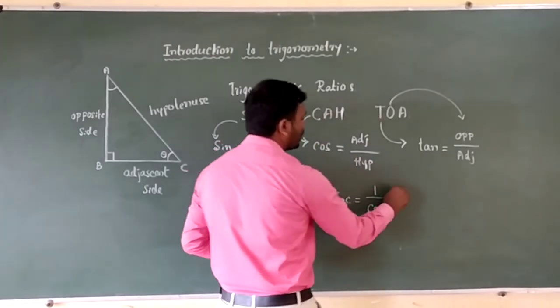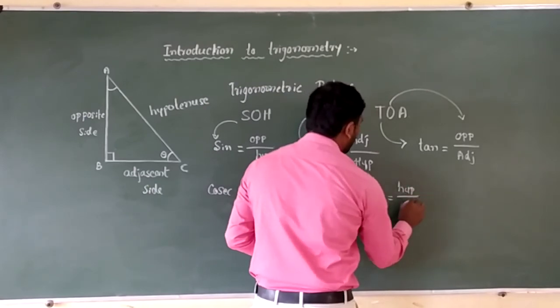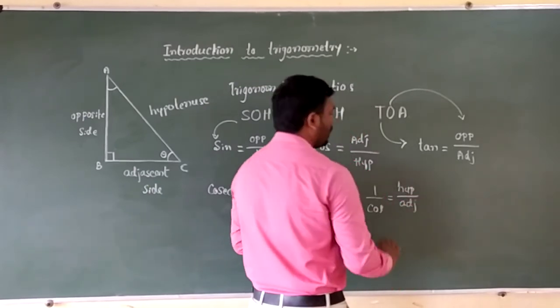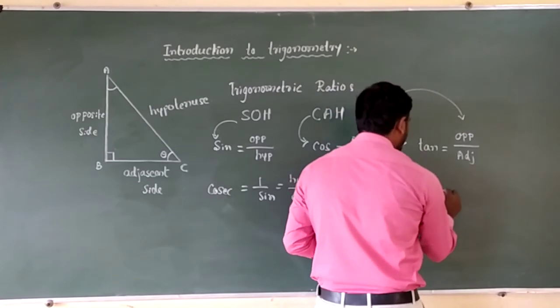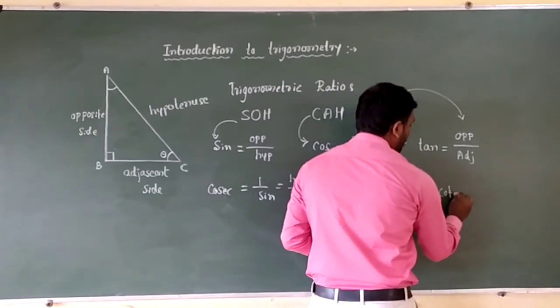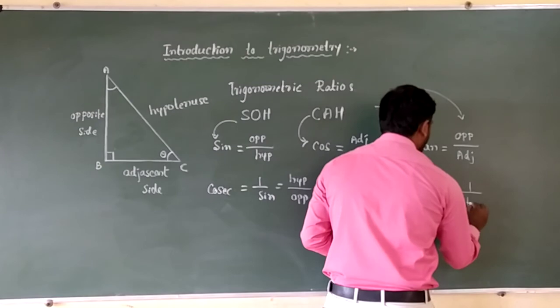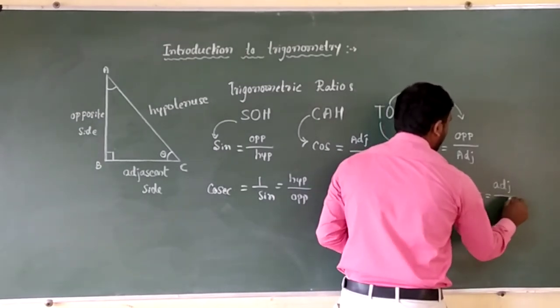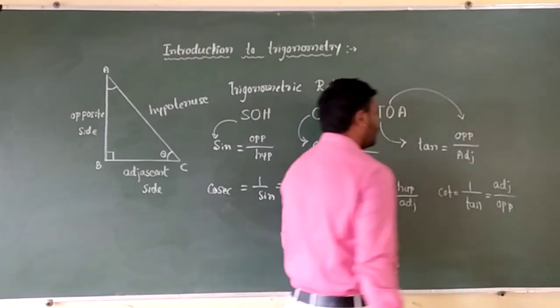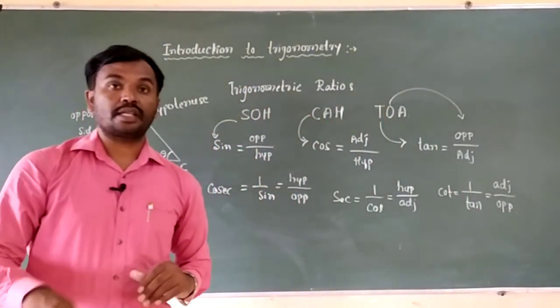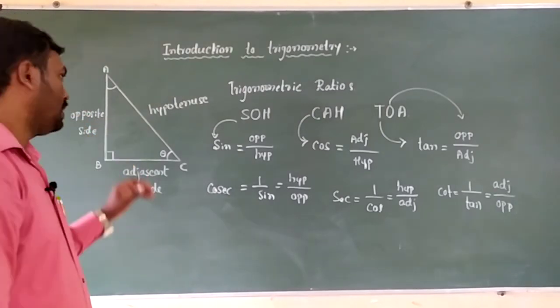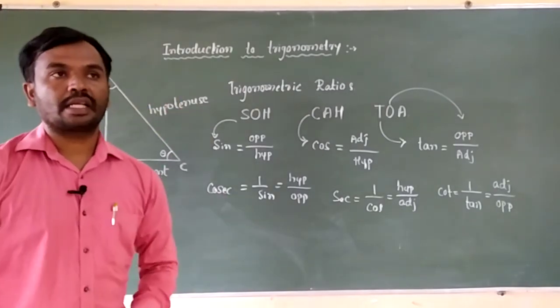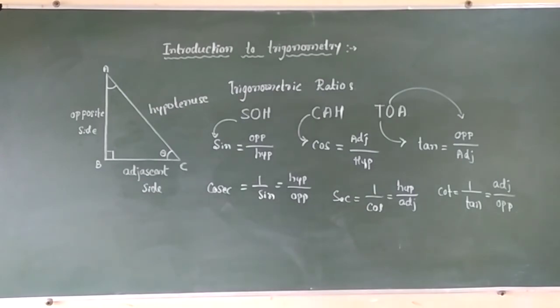So this is equal to hypotenuse divided by adjacent. If you take the reciprocal of tan, then it is cot. So cot is equal to 1 by tan. So this is nothing but adjacent divided by opposite. In this way also we can write these 6 trigonometric ratios by using a simple trick or by using the right angle triangle. Which one is easier for you? You can refer to any one among these two, children, whichever becomes easy.